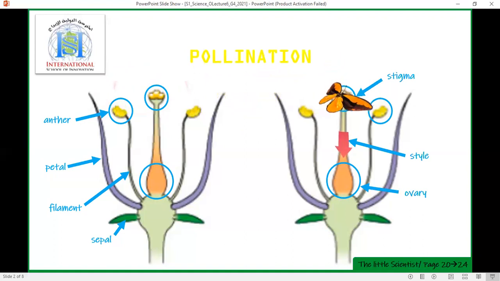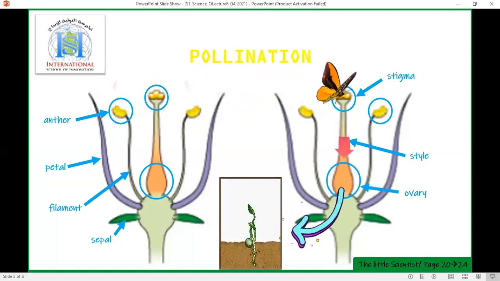The pollen grain then moves to the ovules to make a seed. Once the seed is in the soil and in the right conditions, the seed will grow into a seedling, the seedling into an adult plant, the plant will grow flowers, and then the flowers will make seeds. And then the life cycle of the plant will start all over again.